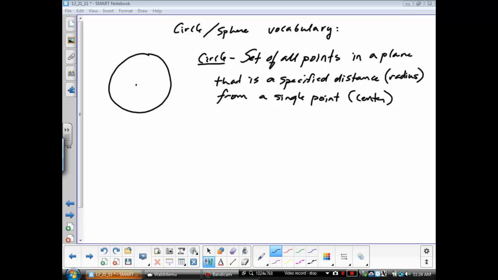Now, definition of radius then. Radius means two different things. It is a segment from the center that has an endpoint at the center and on the circle. That is a radius. But the radius is also the length of that segment. It is both of those. So the radius is a segment with one endpoint at the center of the circle and the other endpoint on the circle.